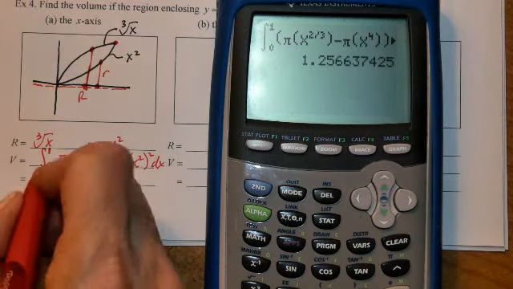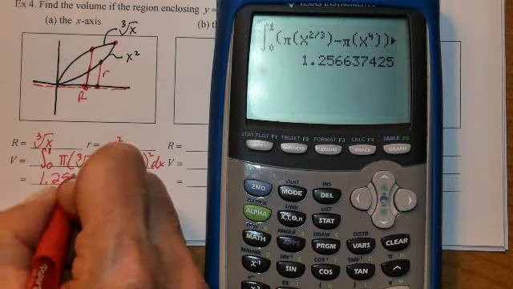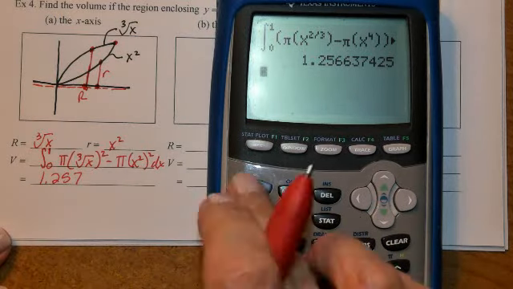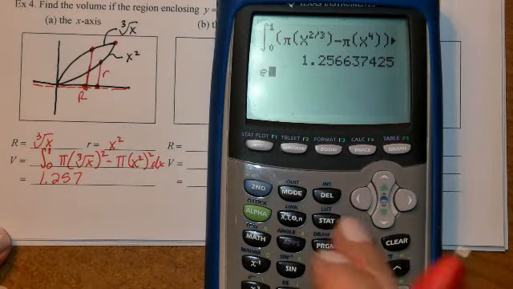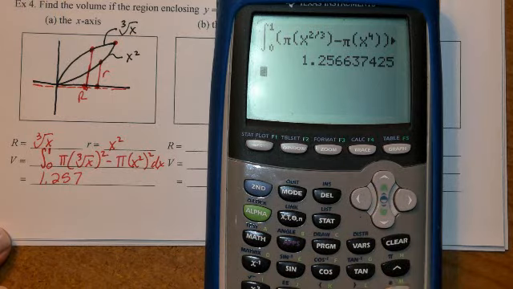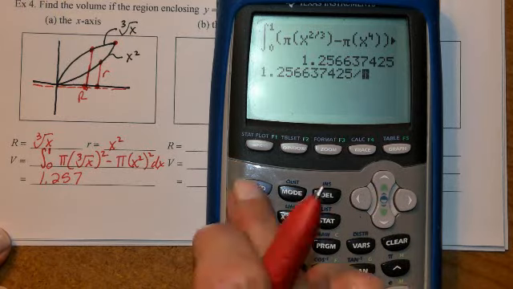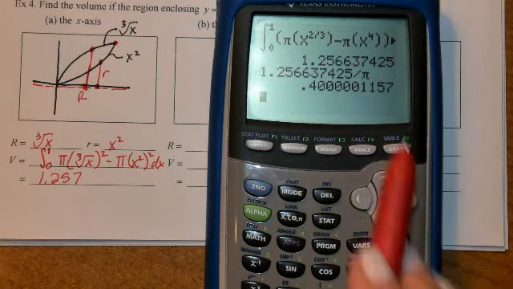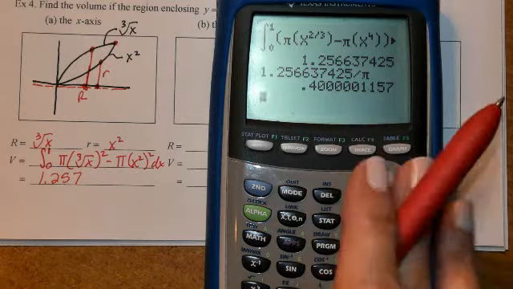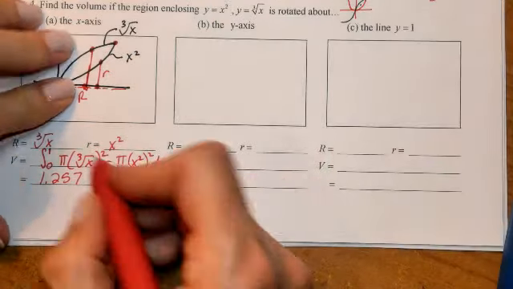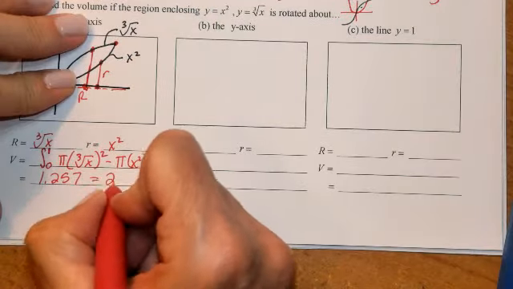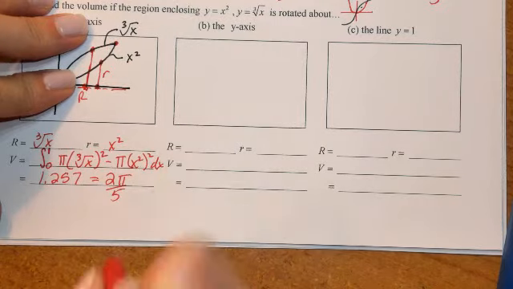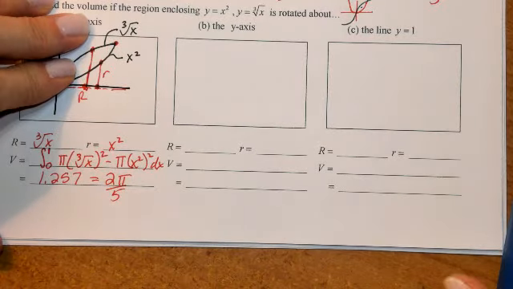And we get 1.257, which if we divide by pi, we get 0.4. This turns out to be 2 pi over 5. That's the 0.4.